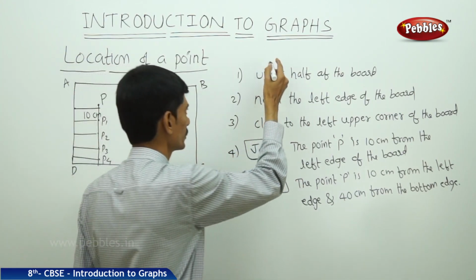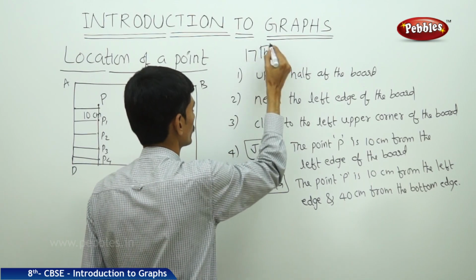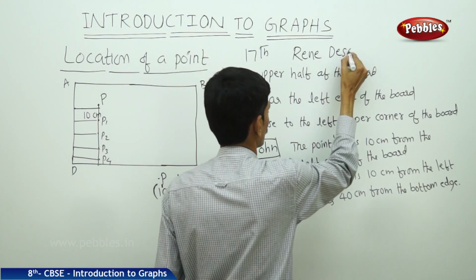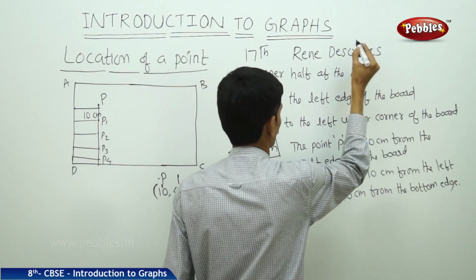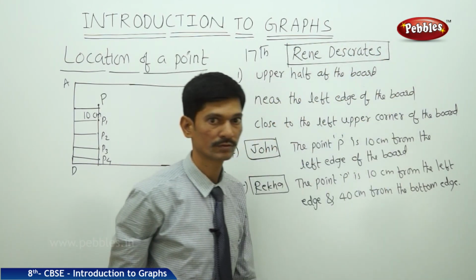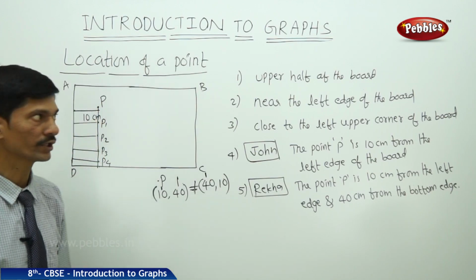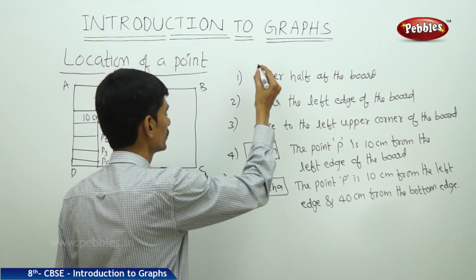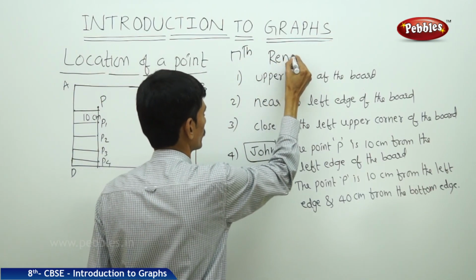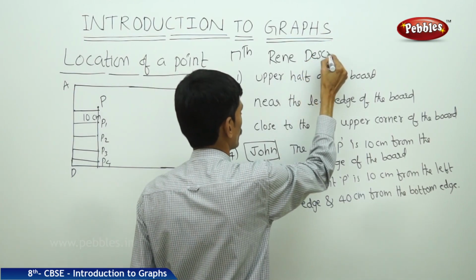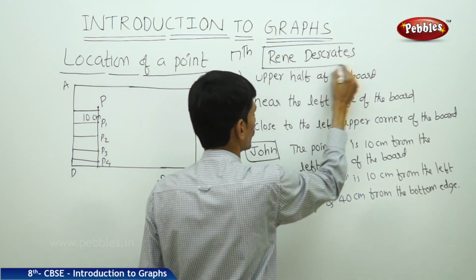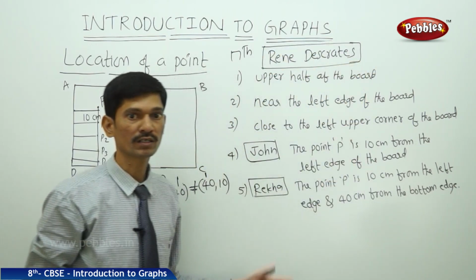Then what is the origin of locating a point? The 17th century mathematician René Descartes noticed the movement of an insect near the corner of a ceiling.